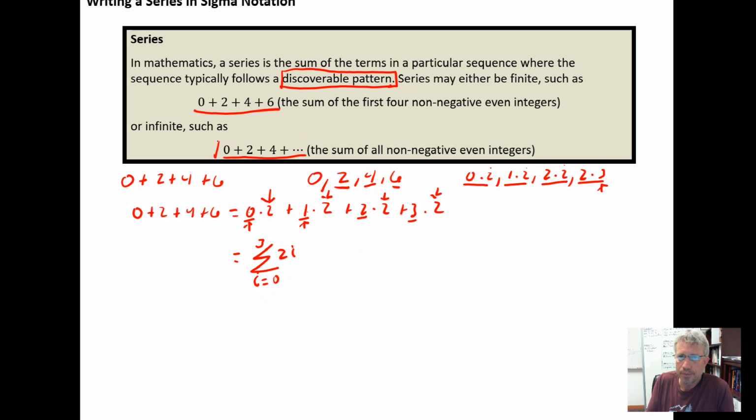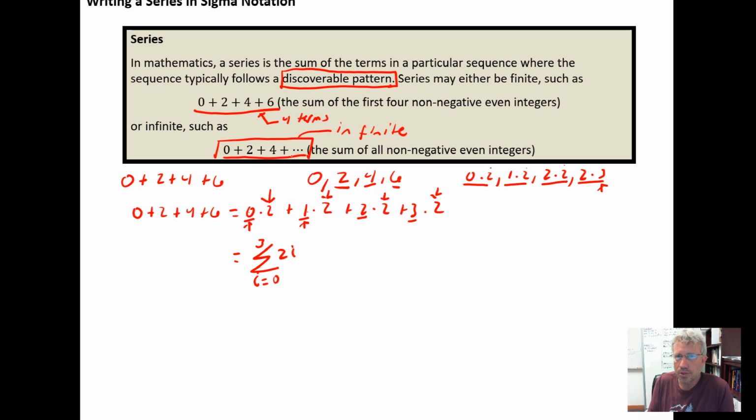So right here, what we see is the other possibility. A series or sequence can be finite. In this case, it's finite because there are only 4 terms. Or a series or sequence can be infinite.